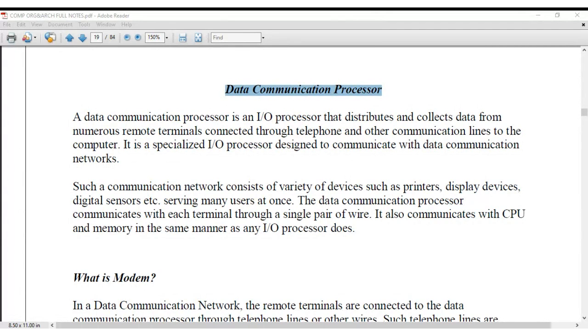So it's where there are remote terminals, telephones, communication lines, computers, printers, display devices like LCD screens, digital sensors, and every other thing, for the purpose of serving many users at once, meaning all those users are seeing the same thing. For instance, the government can also install screens in towns to display public information.